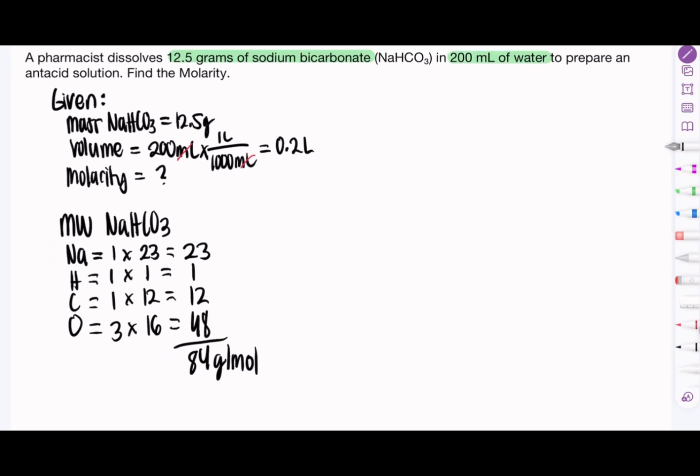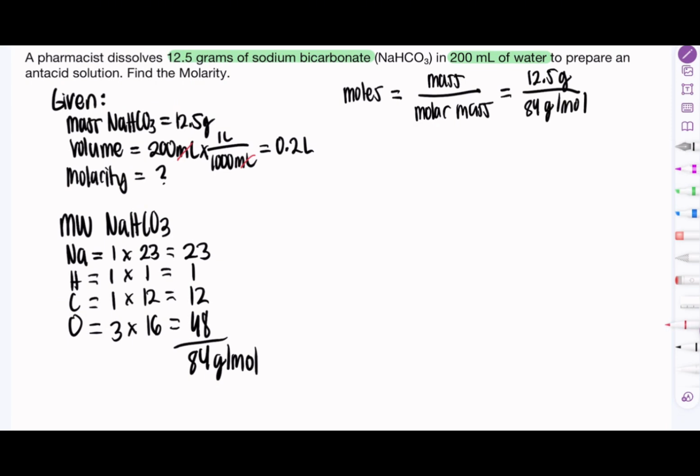Now, after that is to find the moles. And the moles formula is moles is equal to mass of our solute over the molar mass or our molecular mass, which is 12.5 grams for the mass of our solute, and then the solute's molecular weight, 84 grams per mole.